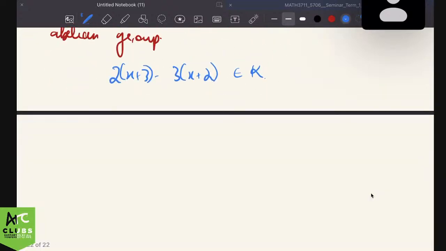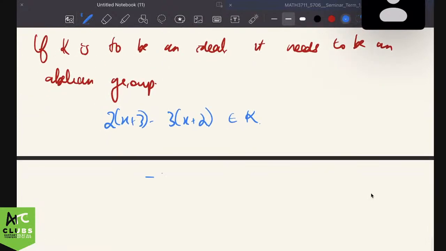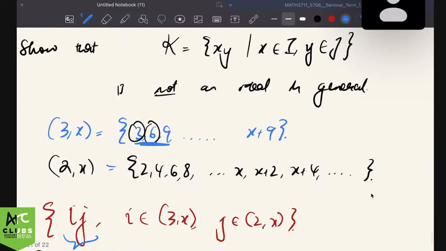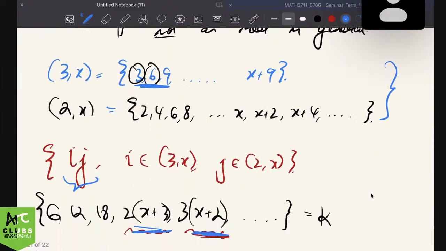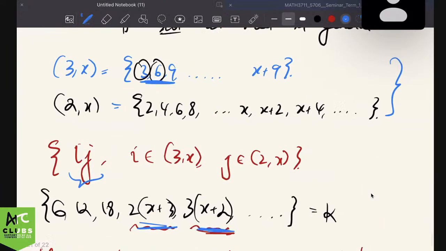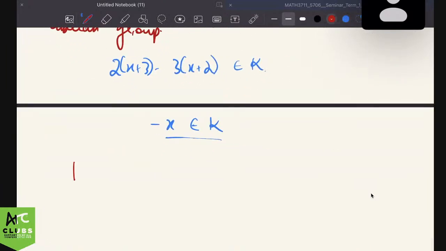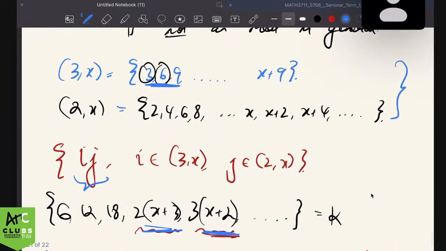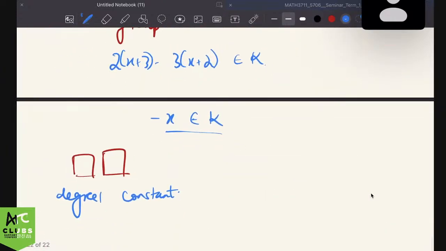Which means you've got to have, in this case, minus x will need to be in k. But if you look at the elements we have in this set, it's not possible that we can have x in k, because to get x, you need to multiply one element from one set and one element in the other, which means one of them needs to be of degree 1, and the other one needs to be of a constant.